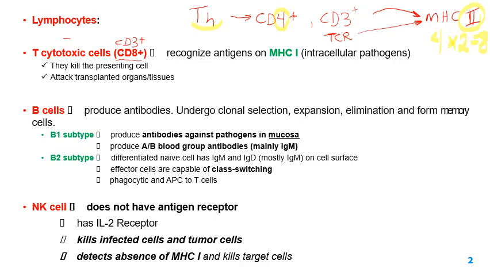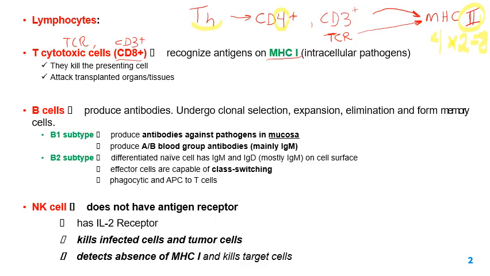So these cells also have T cell receptors, okay? And then they're going to get activated. After they see the antigen that is presented on MHC1, then the naive cytotoxic T cell will become some effector T cell. So before they see antigen, they're all naive. After they see the antigen, they become effector cells.